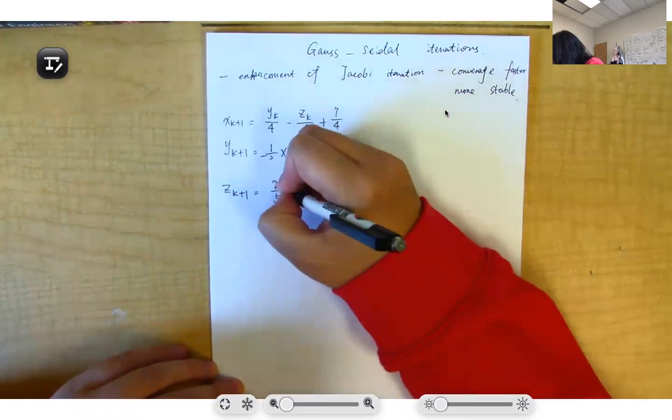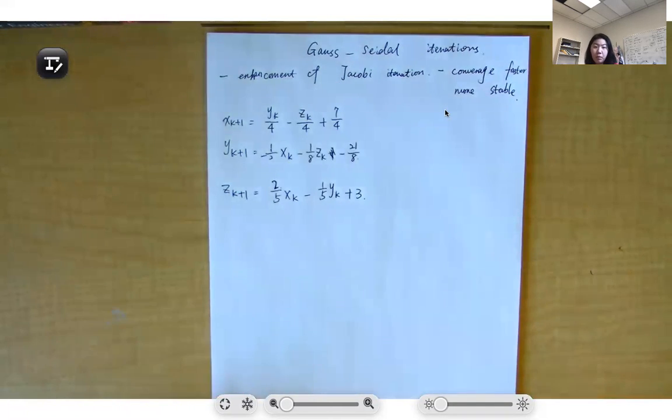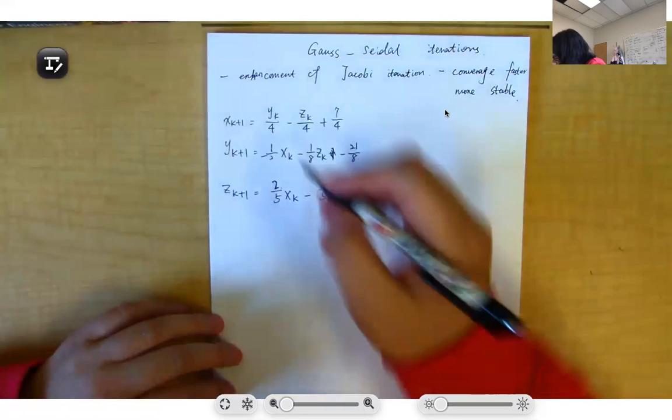So this is our previous Jacobi iteration.